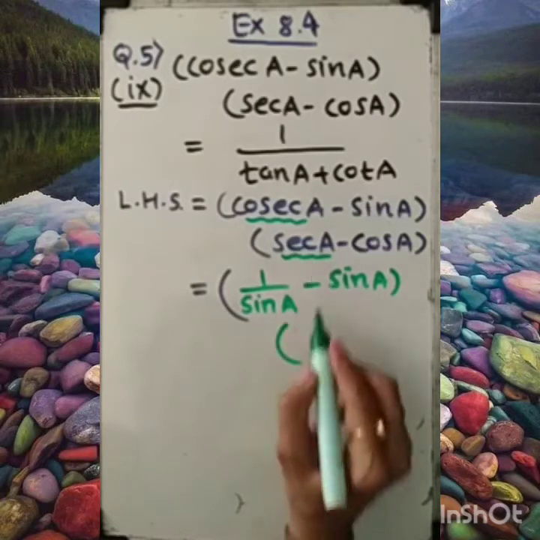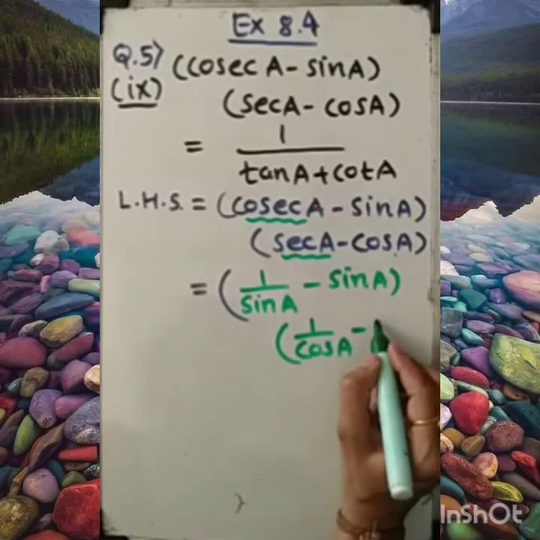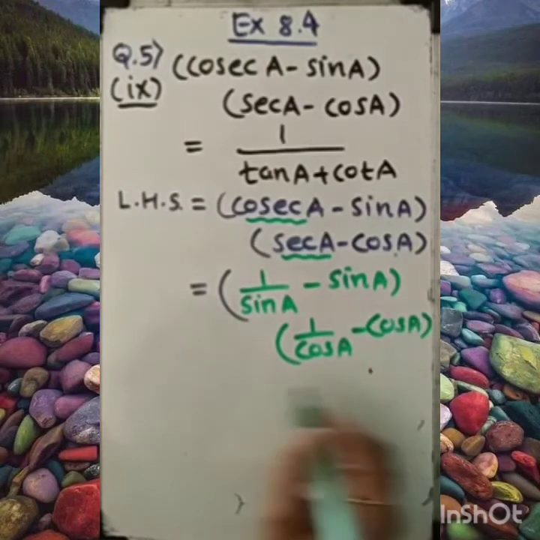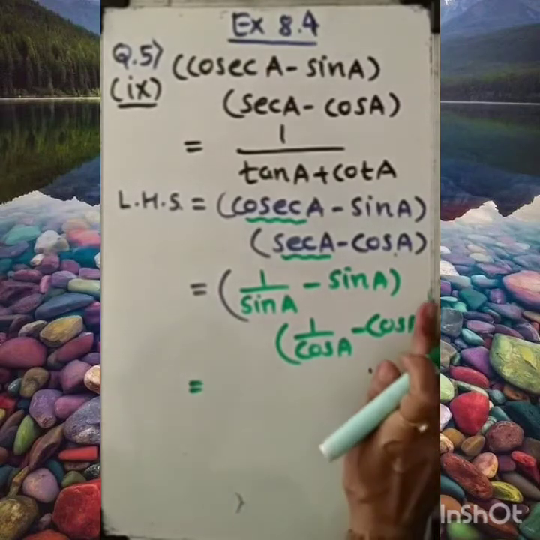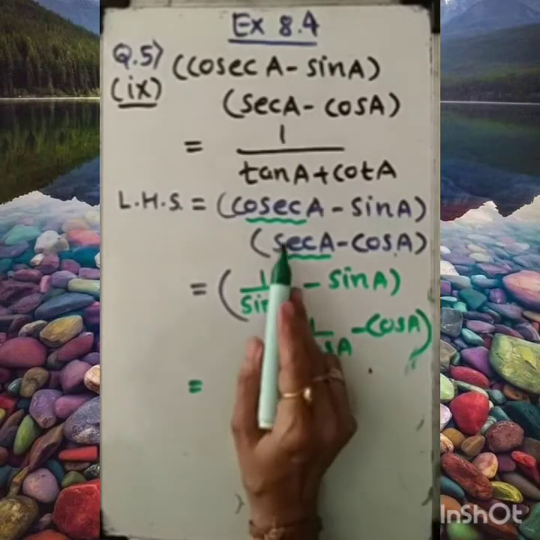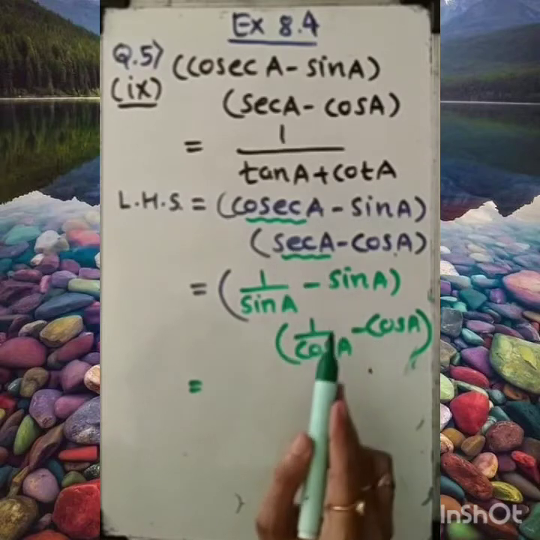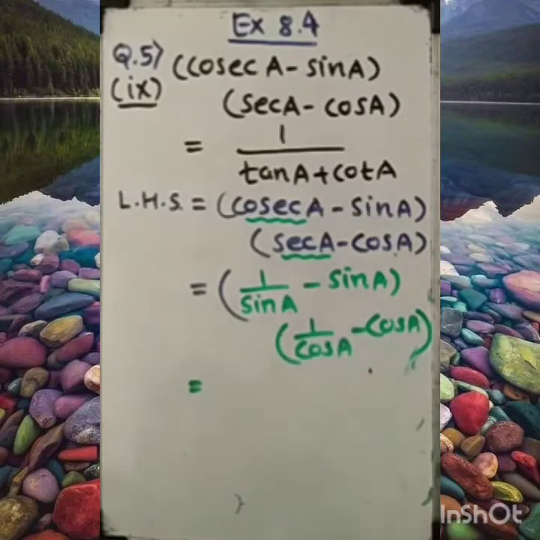In another bracket, sec A means 1 upon cos A minus cos A. Very simple, nothing else I have done, only in place of cosec A I have written 1 upon sin A and in place of sec A I have written 1 upon cos A.